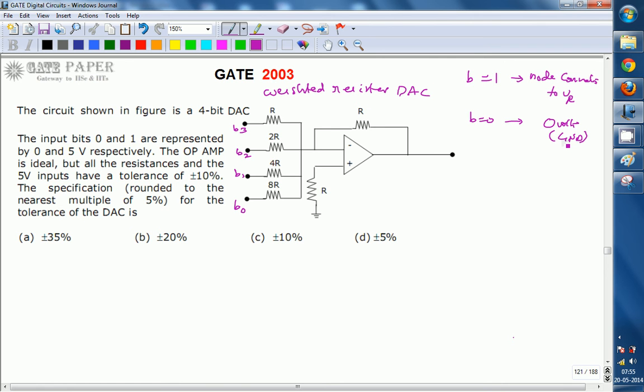Based on this, we can write the expression for V0, in terms of these resistances and bits along with the reference voltage.